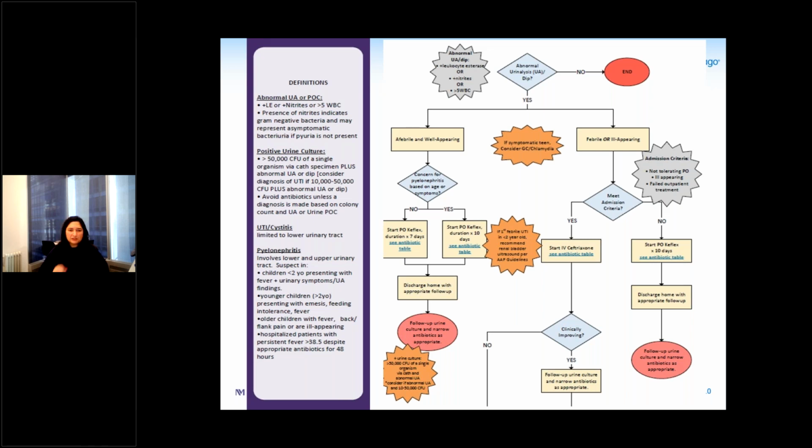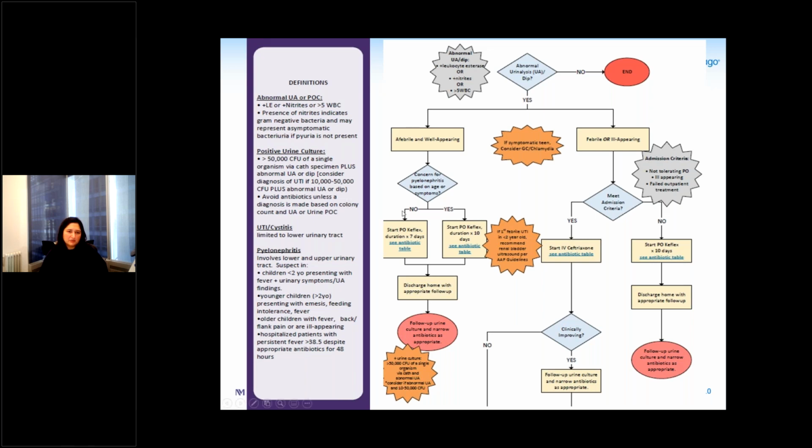In some cases, especially in babies, we've been a little more conservative in treating, and depending on the clinical scenario, if there is a single organism of even 10,000 to 50,000, I would consider that positive.